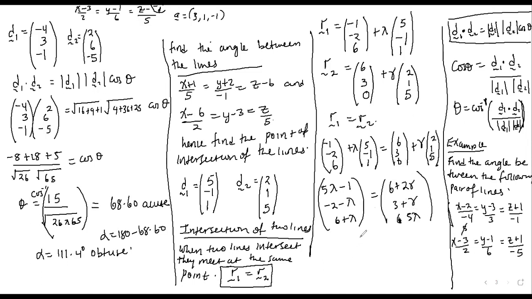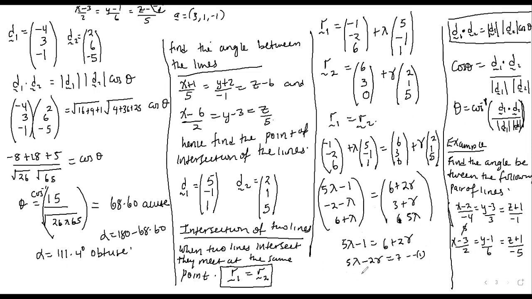Because the two brackets are equal, those lines are equivalent, so pick any two and solve simultaneously. 5 lambda minus 1 is equal to 6 plus 2 gamma. You will get 5 lambda minus 2 gamma is equal to 7, equation 1.